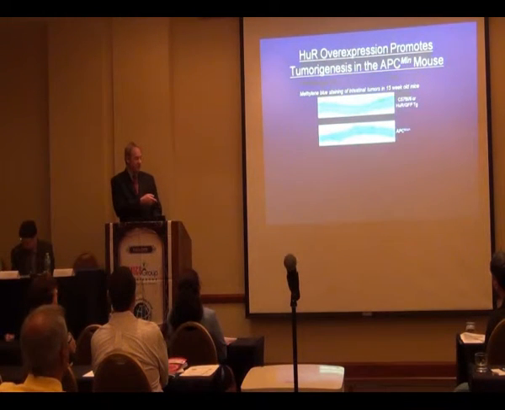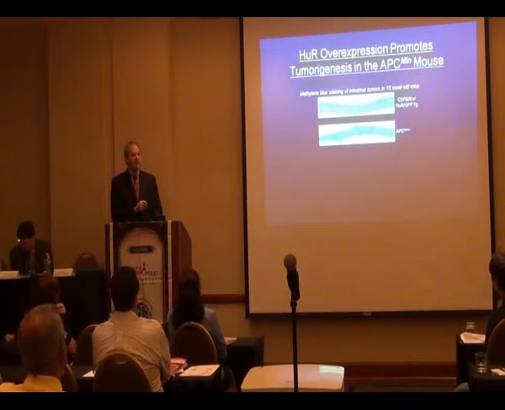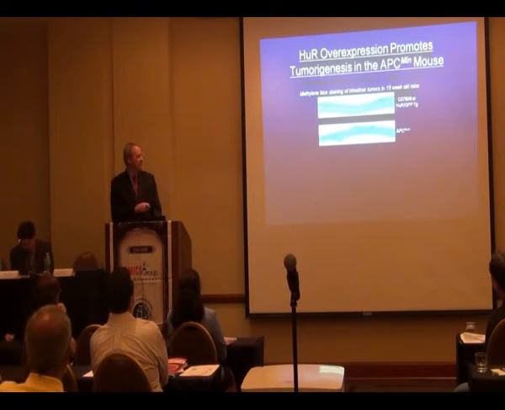And so, as I mentioned, normal mice at 15 weeks of age, or these HuR transgenic mice, don't display any enhanced tumorigenesis. And here is just what I showed you earlier, a section of what an APC-Min mouse's small intestine would look like with these tumors.